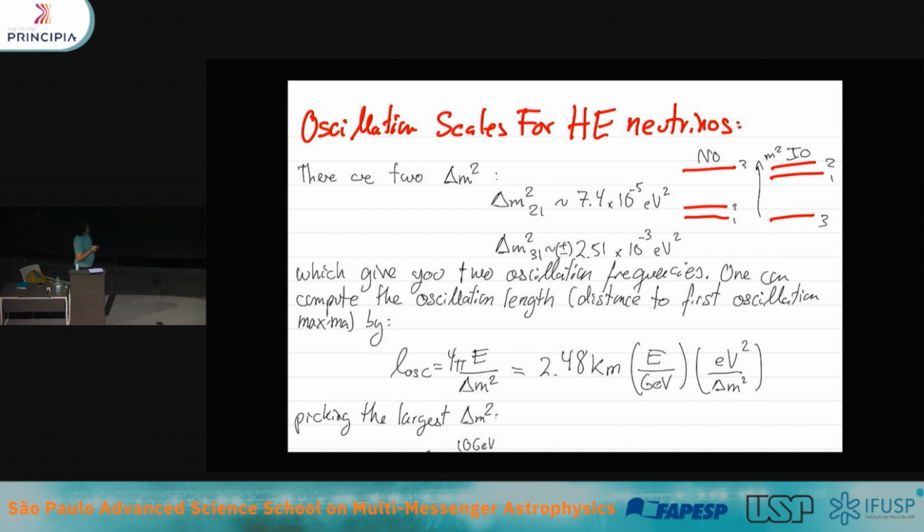The relationship between the first and second mass states is actually known from solar neutrino measurements because there is an effect due to matter that allows you to differentiate those 2 orderings. And there are current and future neutrino experiments that are expected to determine the ordering. I bet you $100, but at the end of the decade we will know it. My money is on this one, but we'll see. Okay.